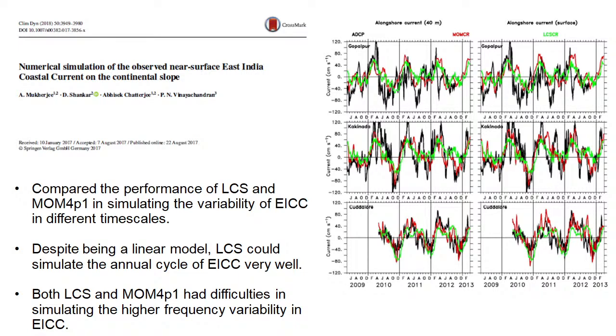What is quite interesting is that, on the right hand side, is the comparison of observation and the models. You have the black line, which is the observation, and then we have red and green, which are two models. One is a complete general circulation model, which has all nonlinear terms in it, and we have an LCS, which is green, having only the linear part.